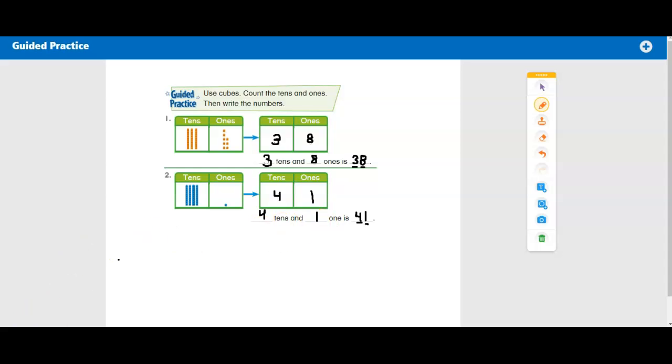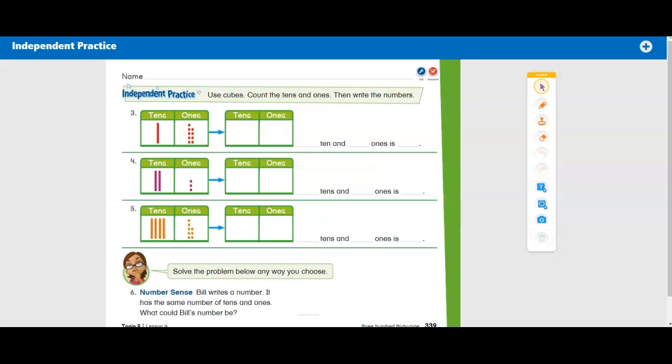Now let's look at your independent practice on page 339. For your independent practice on page 339, it wants you to use cubes, count the tens and ones, then write the numbers.